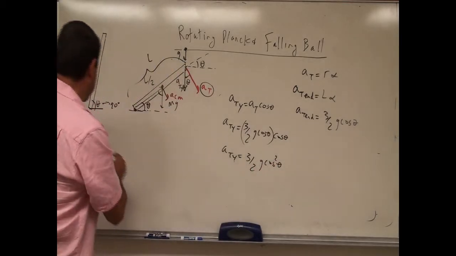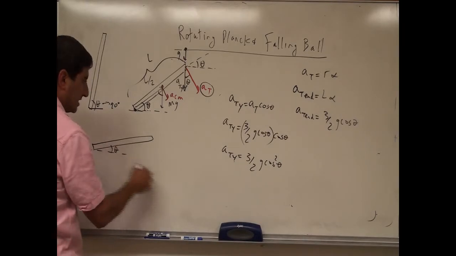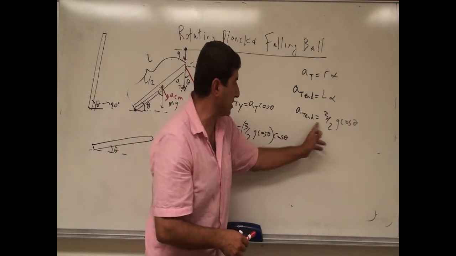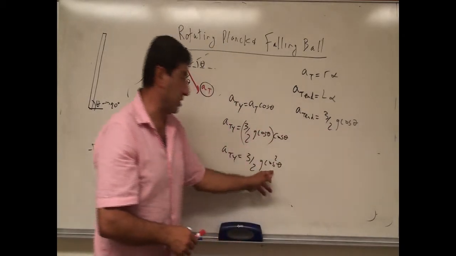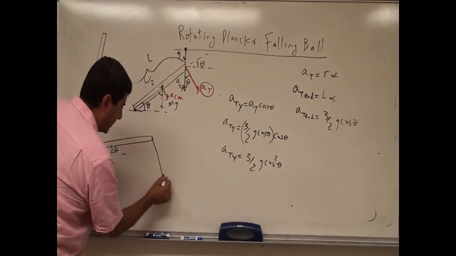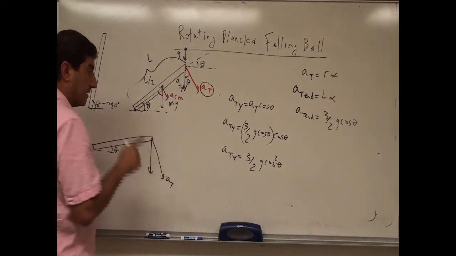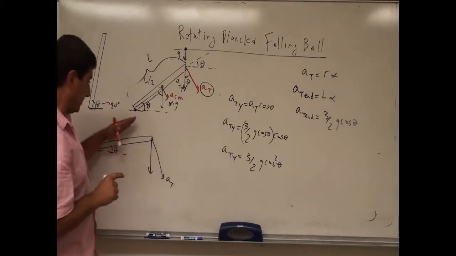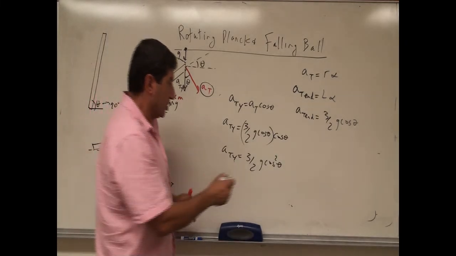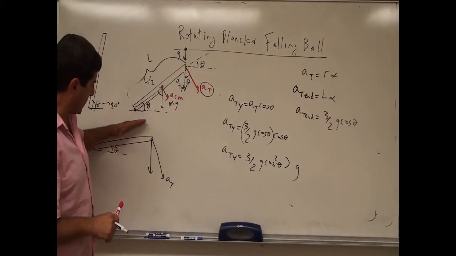As the angle gets lower and lower, what's going to happen? As theta gets lower, that means A tangential of the end increases, and then the y component also increases, right? So if the initial angle that I release it at is such that A tangential y is larger than g for the initial angle, as I release it, what's going to happen to the angle?